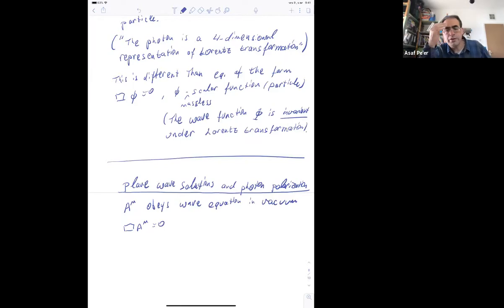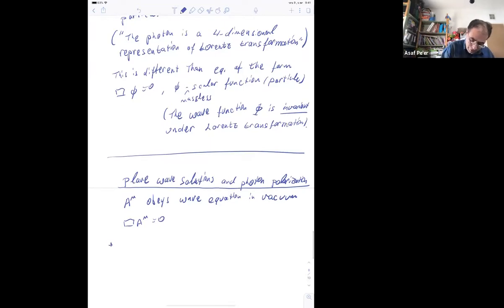So we know that the solution to this equation has to be a superposition of plane waves.